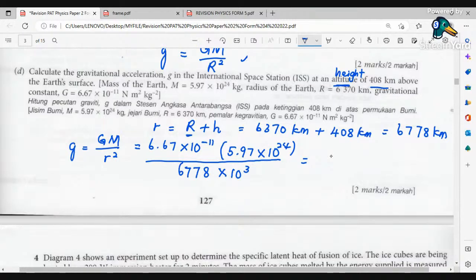Ada square kat bawah. So you calculate this. Correct substitution. Final answer with unit. So 8.67 meter second negative 2. Means the biggest value of g, 9.81, is at the Earth's surface. As you go further, it will become smaller than 9.81.